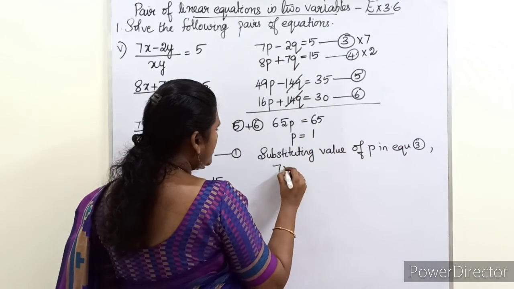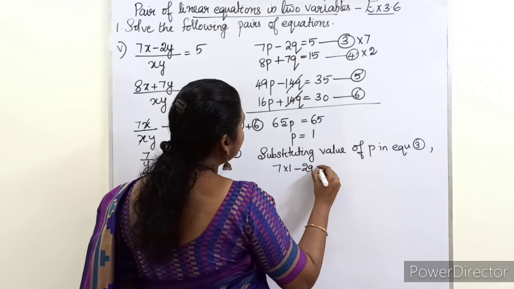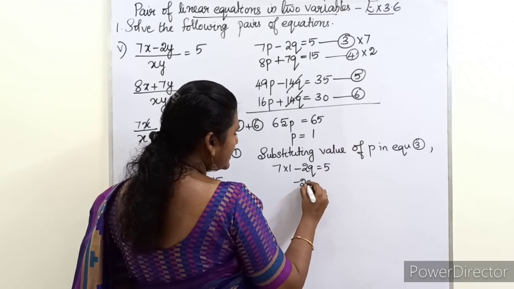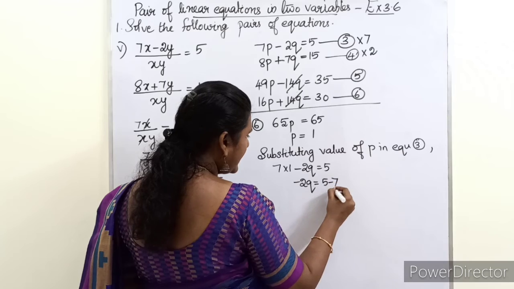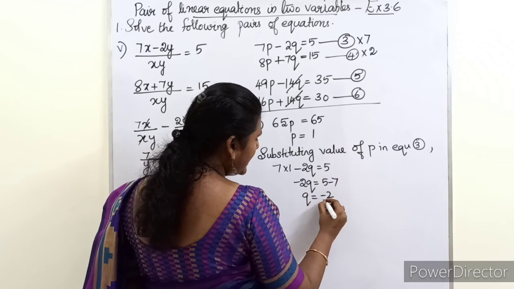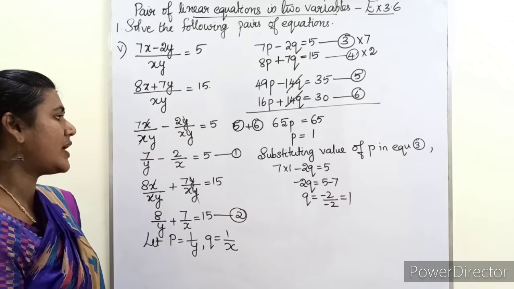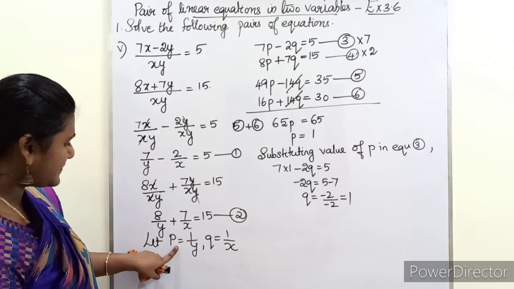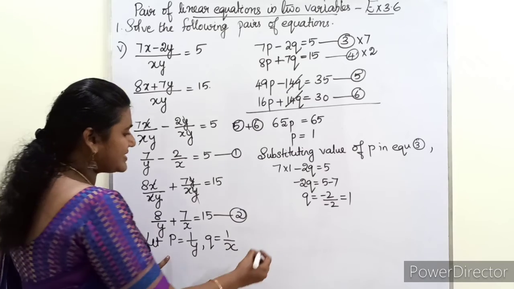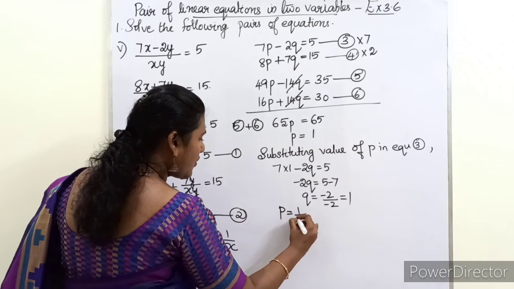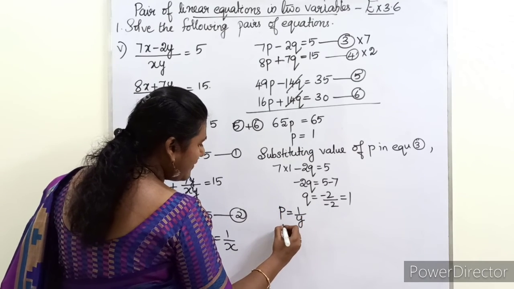So 7 into 1 minus 2q is equal to 5. So minus 2q is equal to 5 minus 7. So q equal to minus 2 by minus 2. So q value also you will get as 1 only. Now in these two substitutions we will substitute. So p equal to 1 by y. So p value is 1.